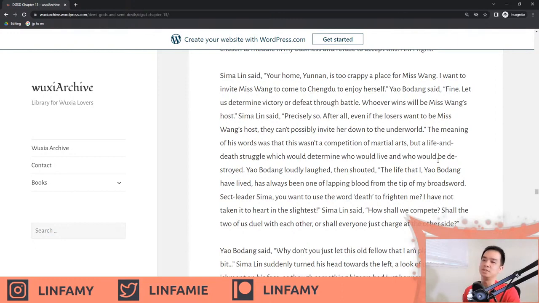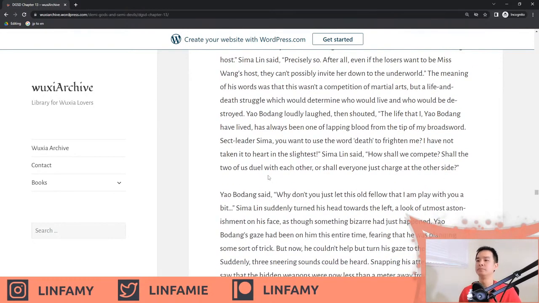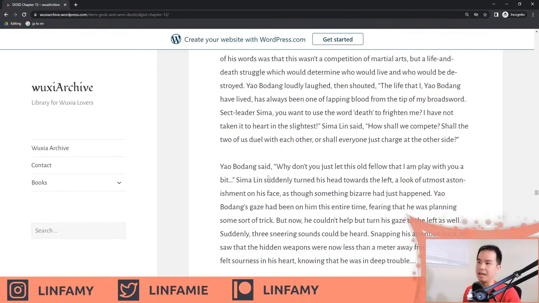The meaning of his words was that this wasn't a competition of martial arts, but a life and death struggle, which would determine who would live and who would be destroyed. So things escalated pretty fast.